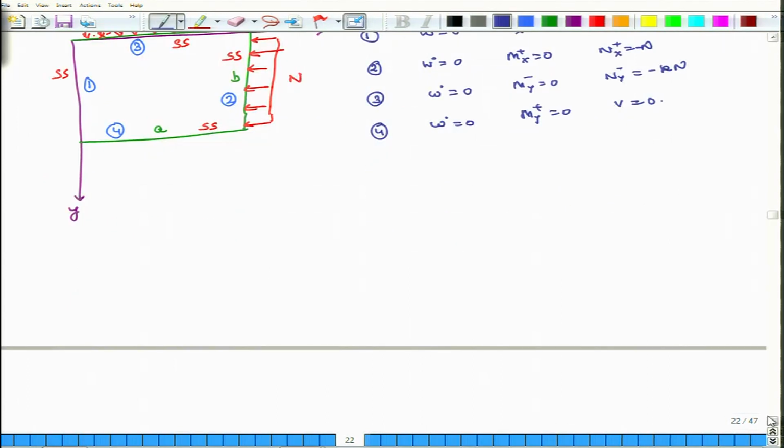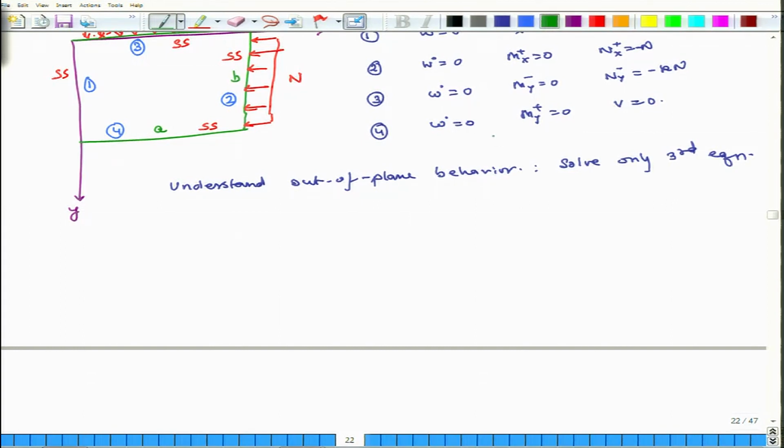So once again we are interested in understanding out of plane behavior. So we solve only the third equation. Why is that the case?